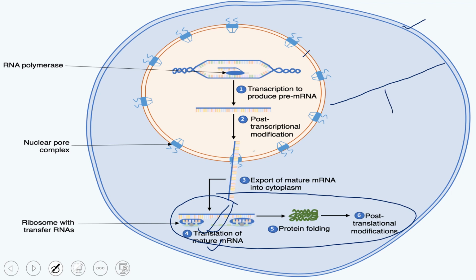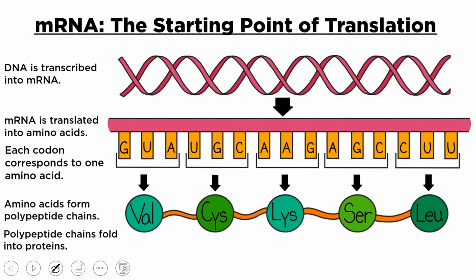Once it is processed by splicing, capping and tailing, only then do you get a functional messenger RNA. In the same way, once you produce a protein, that protein will be non-functional till it goes through a specific folding and modification process. So this is the overall mechanism of how it happens.